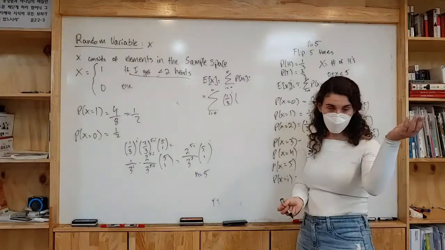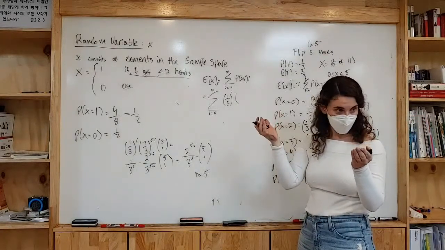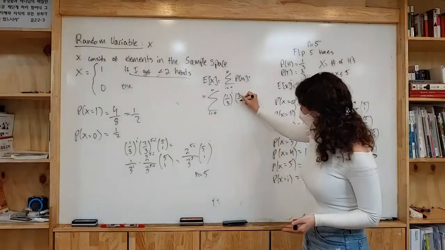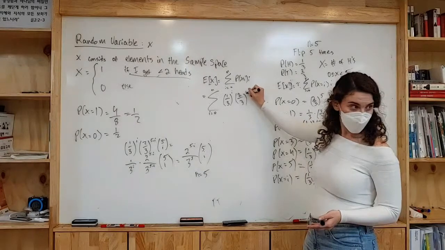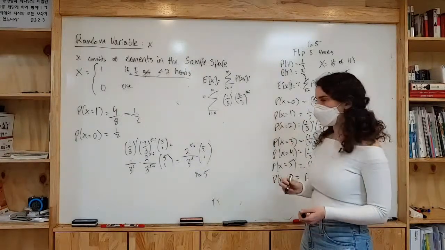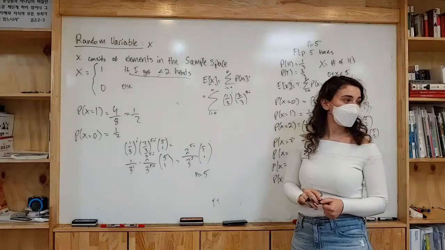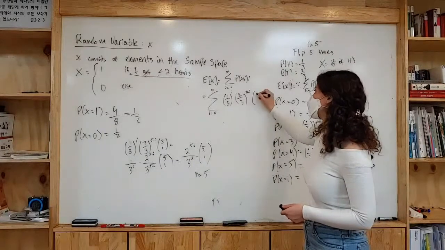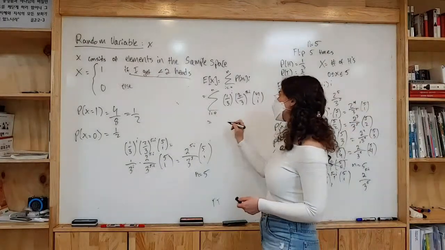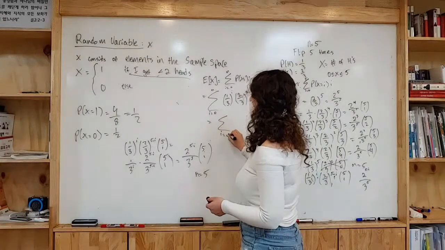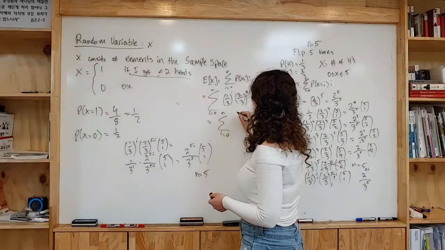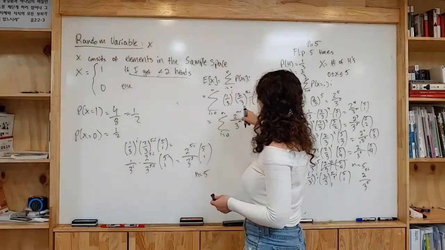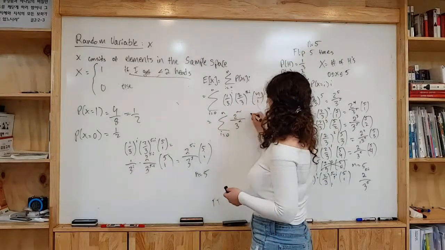I have I heads. How many tails do I have? N minus I. What's the probability of a tails? 2/3. So 2/3 to the n minus I. And how many ways can I arrange this sequence of heads and tails with I heads and n minus I tails? It is n choose I. And this equals the sum from I equals 0 to n of 2 to the n minus I divided by 3 to the n, like what we just did here, times n choose I.